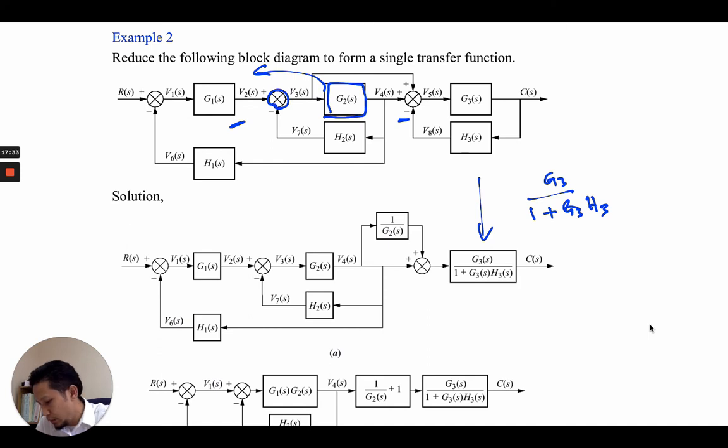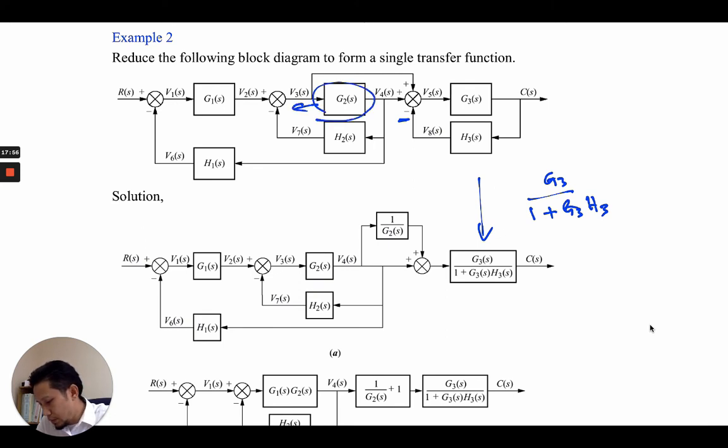Okay, and then we have here, we move the G2. We are moving G2, not behind the summing junction. It is actually a pick-off point here. So we are moving G2 behind the pick-off point.